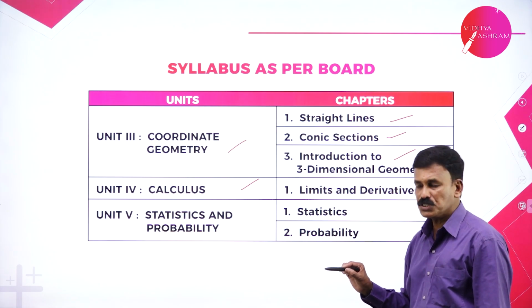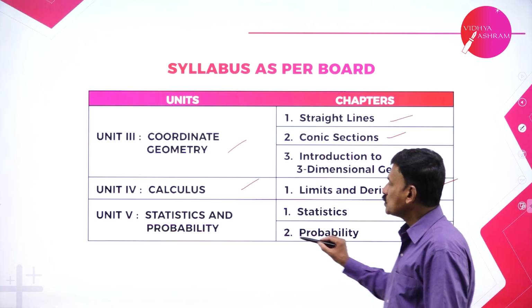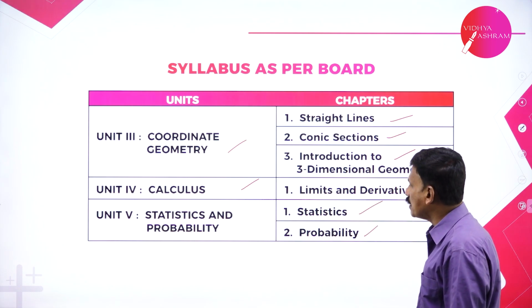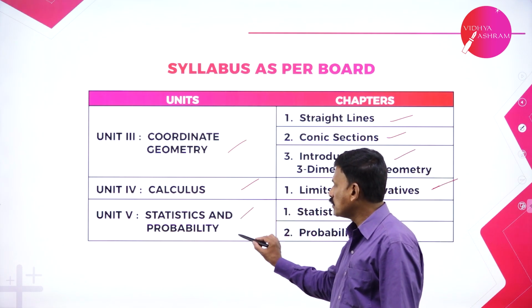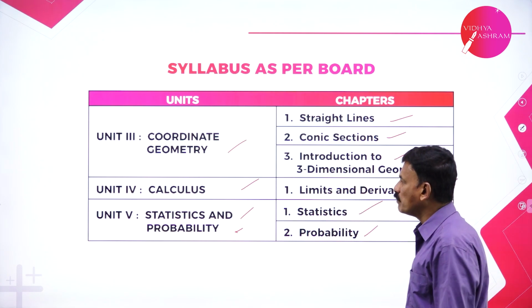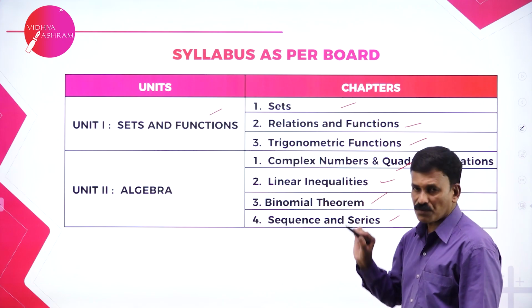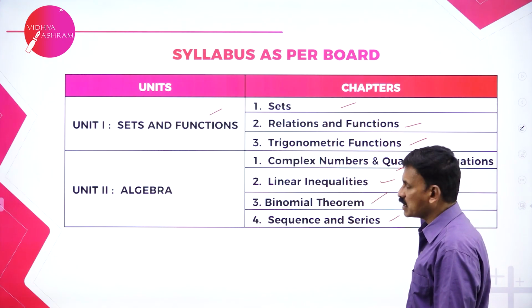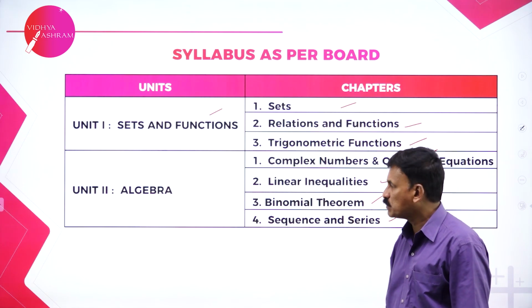In the last unit, unit number 5, you are going to study 2 chapters: statistics and probability. So in unit 1, sets, relations and functions, including trigonometric functions. In unit 2, algebra.